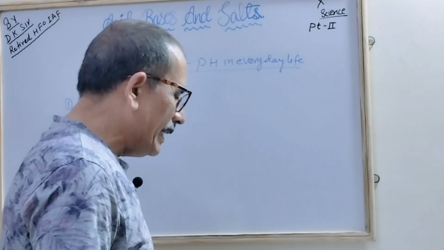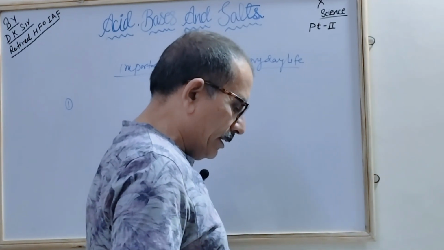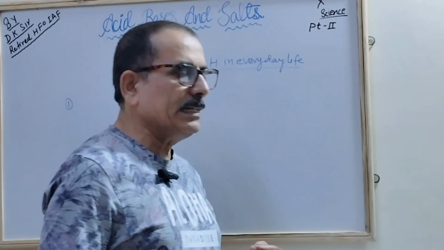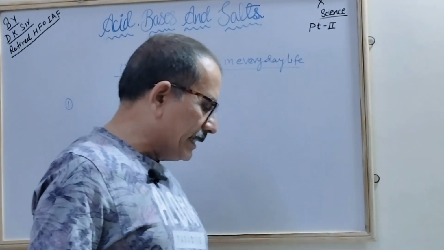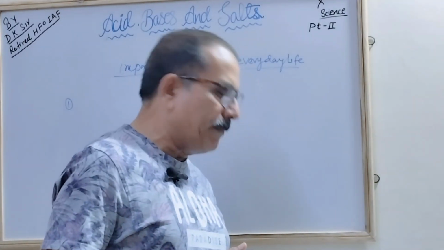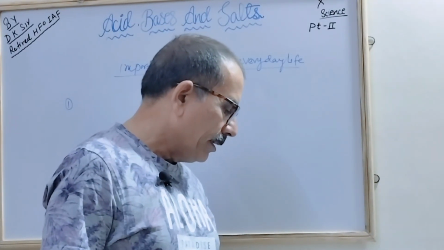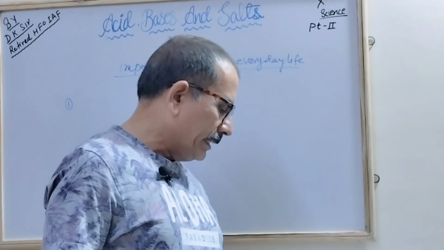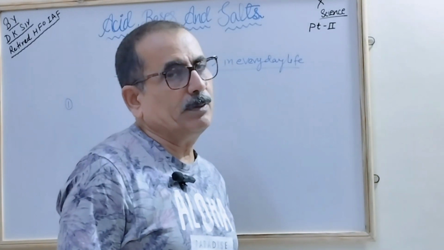Understood? Next is self-defense by animals and plants through chemical warfare. When insects like honeybees and ants bite, they inject some acid into the skin, causing pain and irritation, correct? You should find out what type of acid is there.